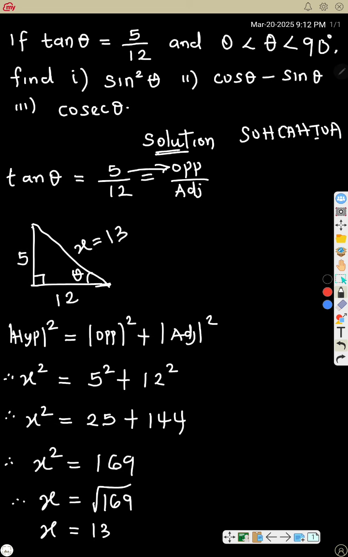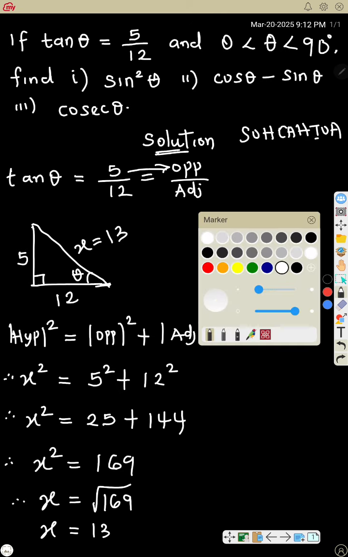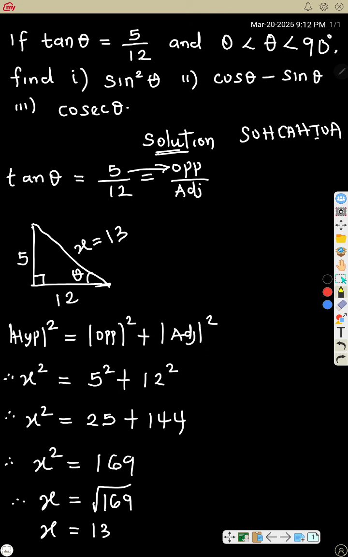And instead of doing all this, you can always remember your Pythagorean triples. Sometimes there are some numbers that JAMB will give you. We call them Pythagorean triples. They are 3, 4, 5, and 5, 12, 13. So these two are common.